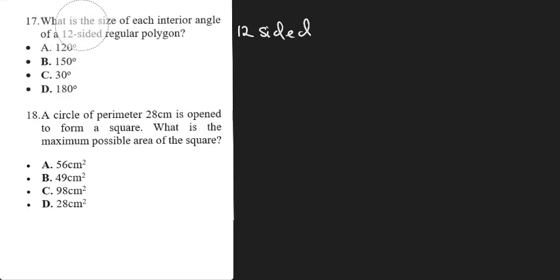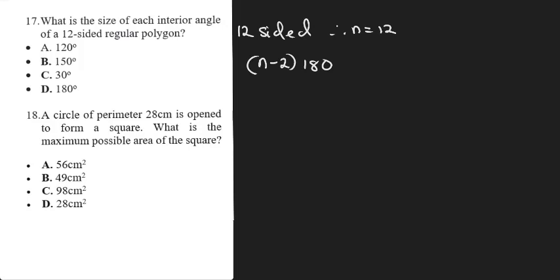So now we know that there is a formula to calculate the sum of angles in a polygon, and the formula is given by n minus 2 into 180 degrees, right? So if that's the case, what is n? N is the number of sides, and therefore our n now is equal to 12 because we're given that it's 12-sided.